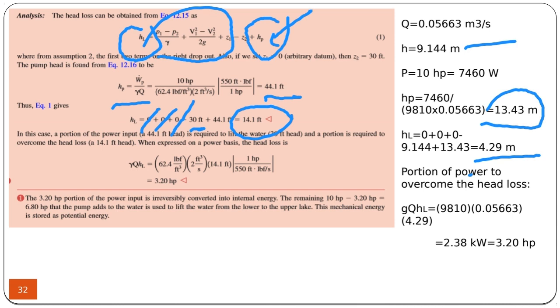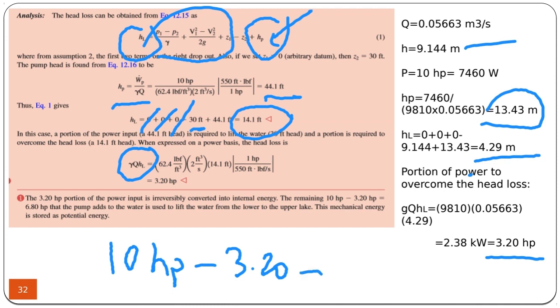So power loss due to the friction is 3.20 horsepower. So in the beginning we had 10 horsepower, but we have a loss of 3.20 horsepower. Then it means the power that's transferred to the water is 6.8 horsepower.